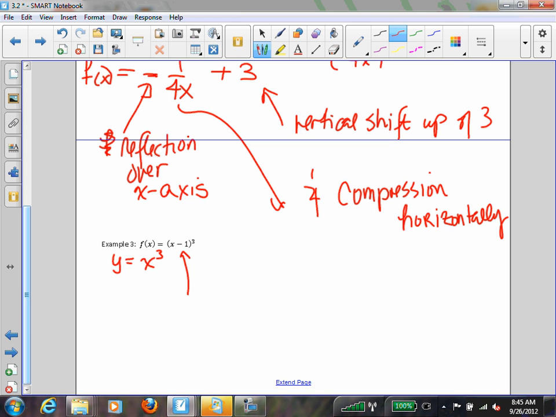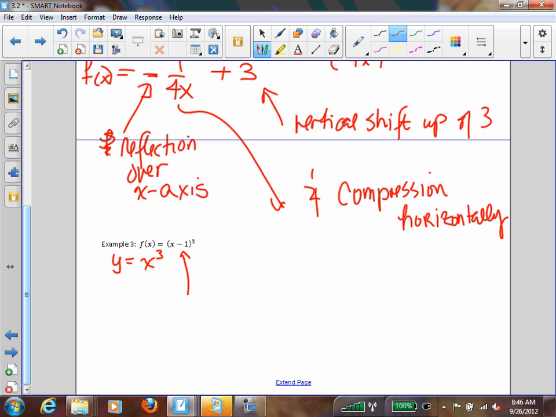Is that -1, which is in parentheses with the x, affecting your y value or your x value? X value. So if it's affecting my x value, do I think of it as a compression? A dilation? A shifting? A reflection? Which one?